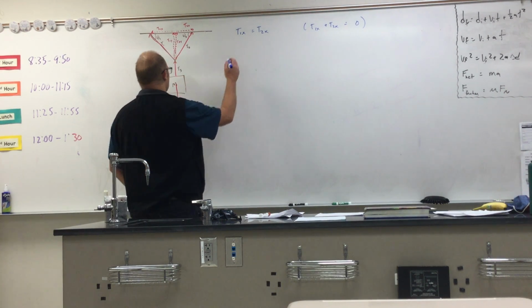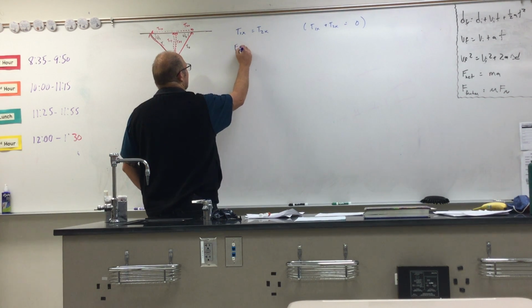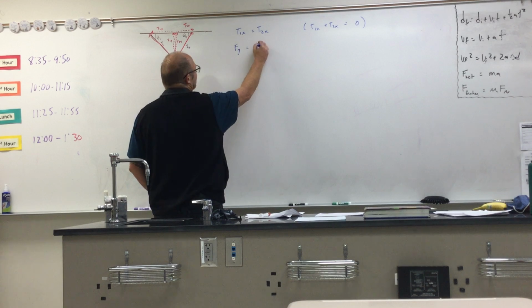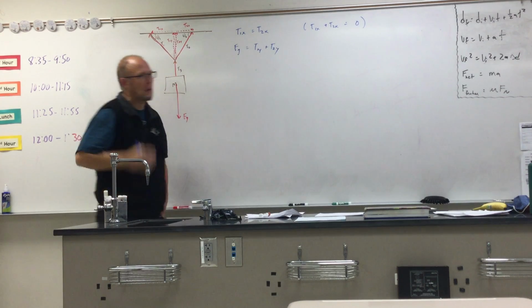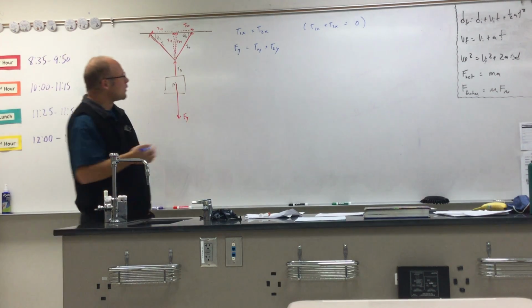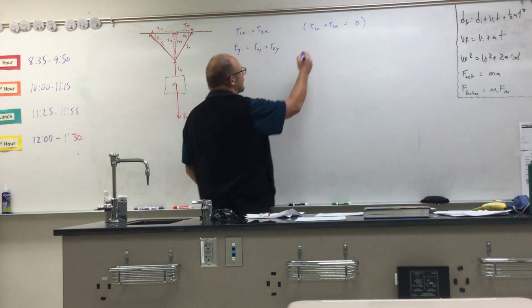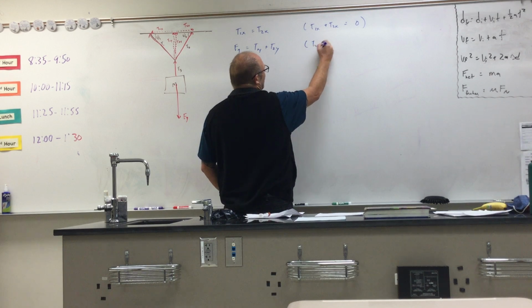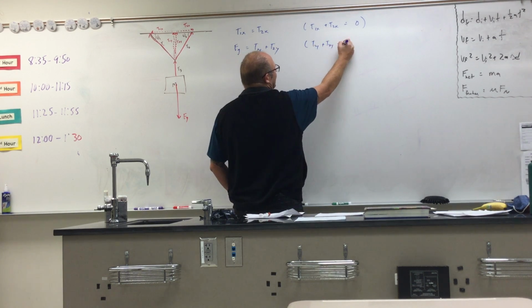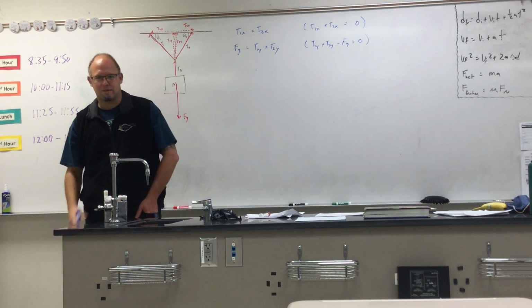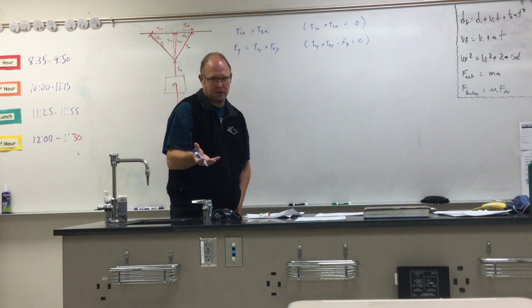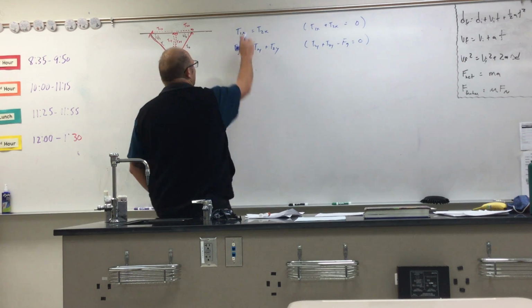So Fg has to equal the combined effects of T1y plus T2y. Another way of saying that is T1y plus T2y minus Fg equals 0, if you'd like to think of it that way. The zero indicates there's no acceleration. But I prefer this way.